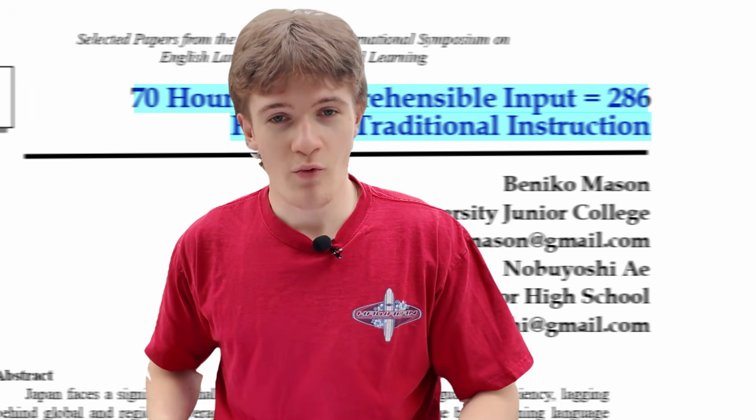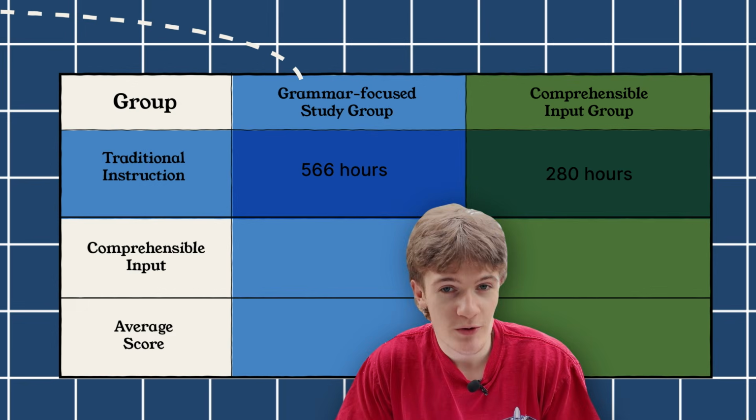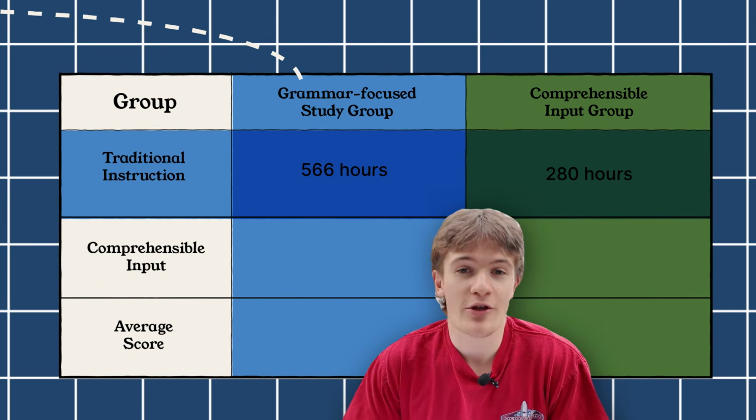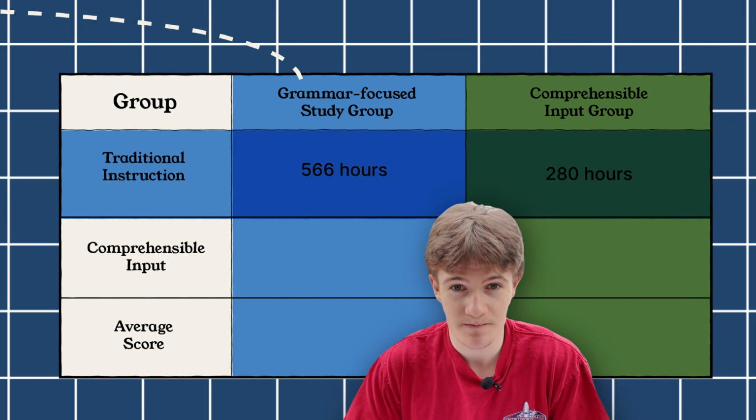But when you actually read this, you will see that there were 2 groups of students. Both groups had traditional instruction, meaning both groups of students learned about the grammar or how to form the language in the classroom.